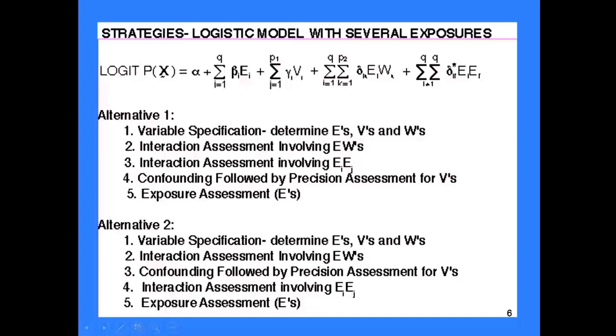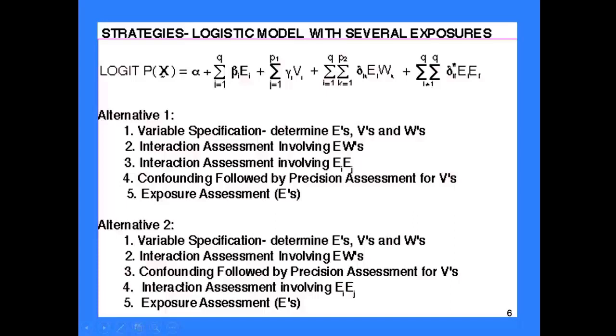Now, what's the rationale for doing that? I did say something like, don't touch the E's until you dealt with the V's. That's not what this step is saying. This step is saying interaction comes precedent to confounding. If you're going to start reducing a model, consider whether you have any interaction terms before you start worrying about confounding.